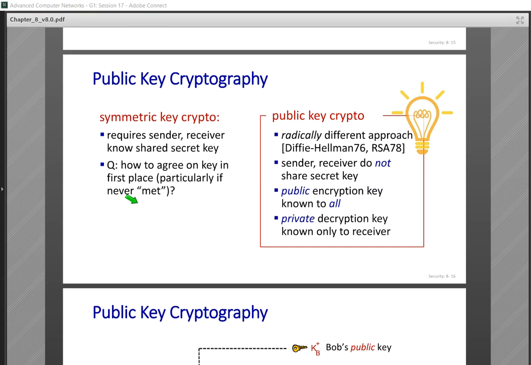I never share the private key, so nobody can know that key.